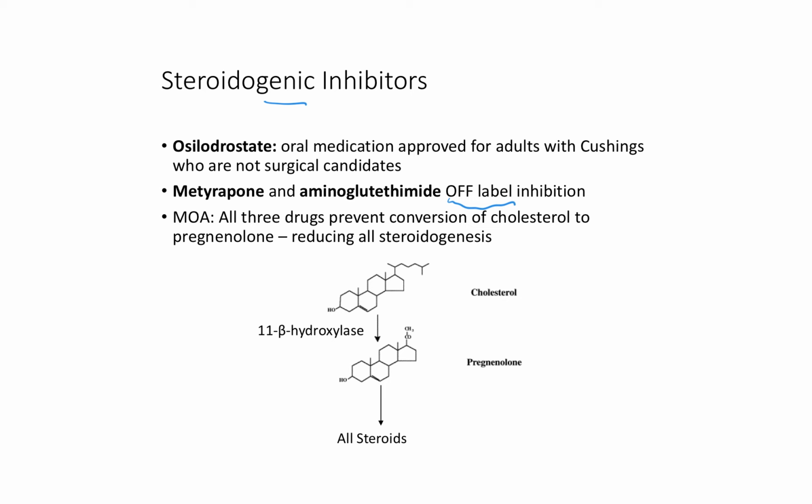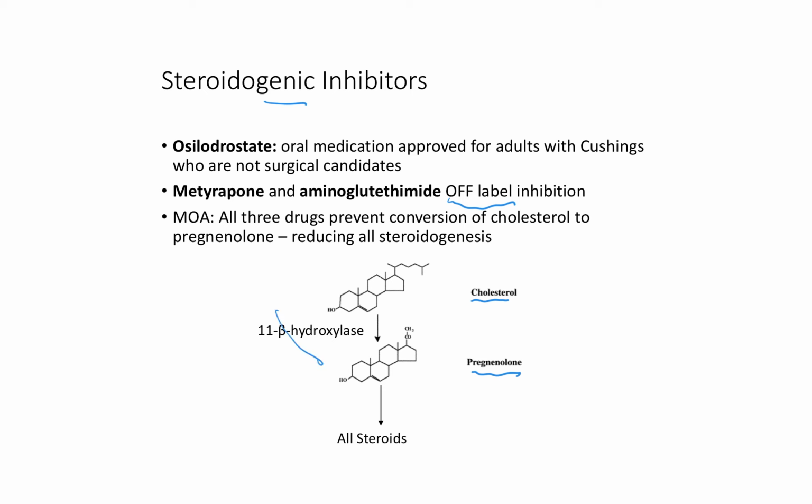These three drugs all work in the same basic way, some of them at multiple steps downstream as well, but in the most basic form, all three are instrumental in the blocking of the initial conversion of cholesterol to pregnenolone. 11-beta hydroxylase is the enzyme that is heavily contributing to this alteration.